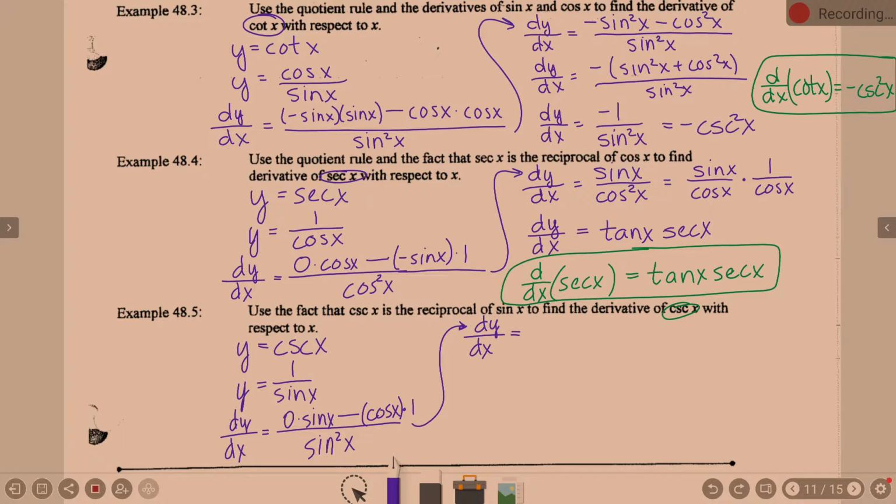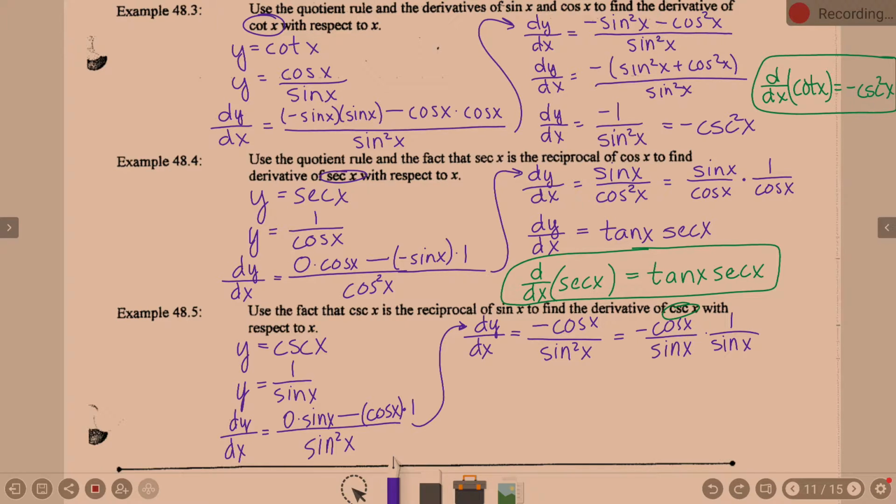Okay, clean up. What do we have on top? Negative cosine x over sine squared x. Can you guess how I'm going to break this up? Negative cosine x over sine x times 1 over sine x.